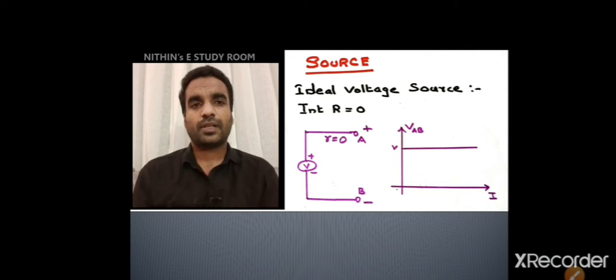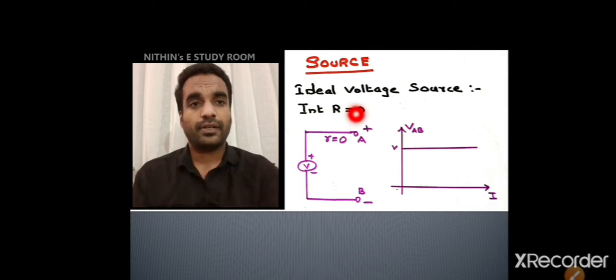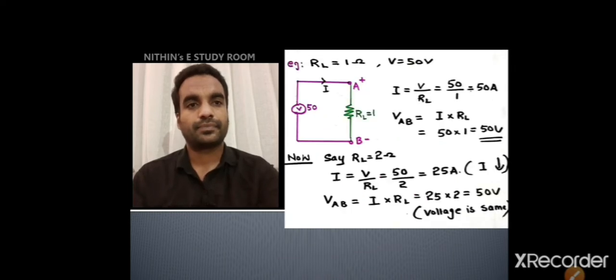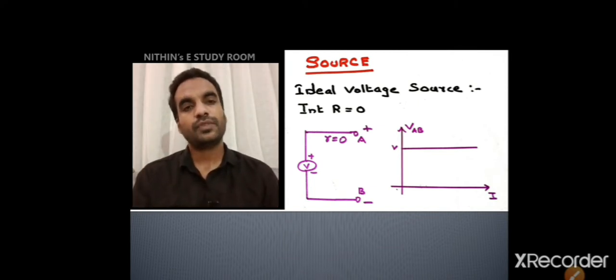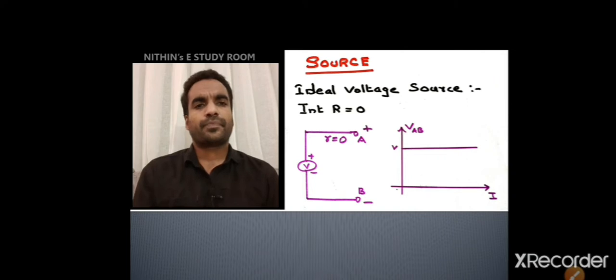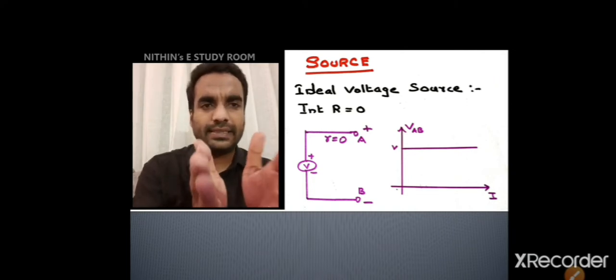Okay. Now A and B are the terminals of the battery. In the figure you can see terminal A and terminal B. Sorry, A and B are the terminals of the source. So now there are two voltages we can see in the figure.